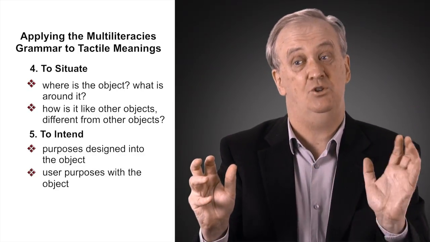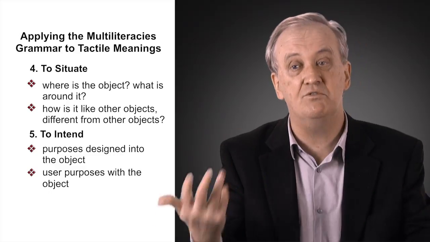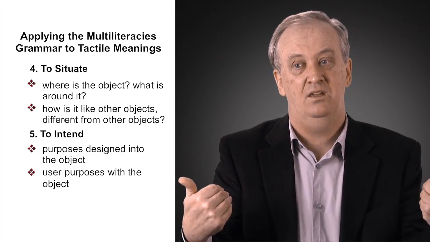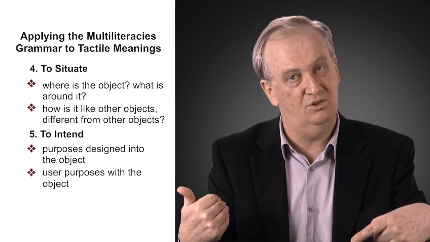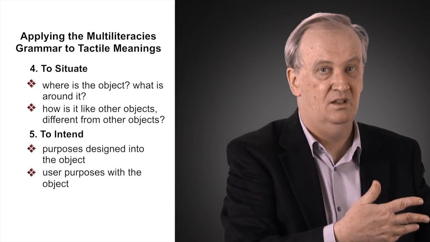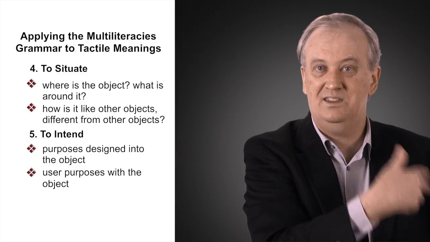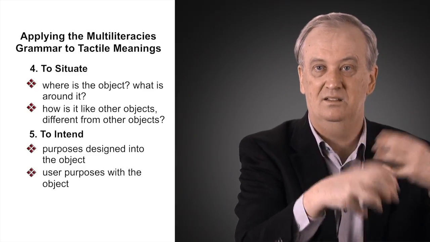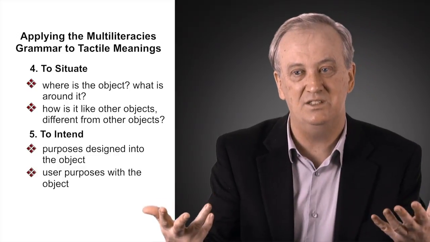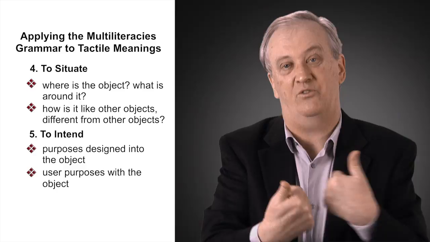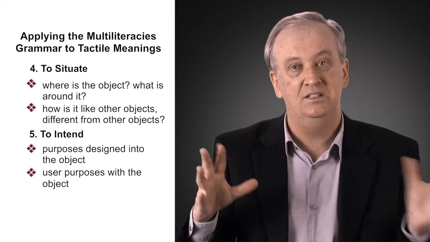These meanings are also situated. Where is the object? What's around it? That tells you something about what the object is. A hammer sitting on my desk at school would be a rather strange thing, but sitting in a technical studies classroom, it means something different. How is it like other objects, and how is it different from other objects? What are the similarities and differences?